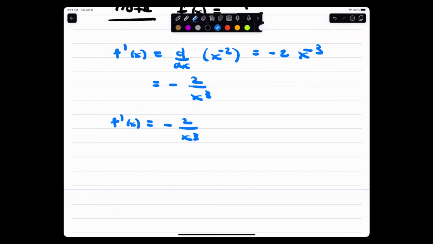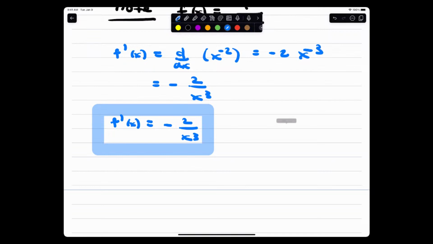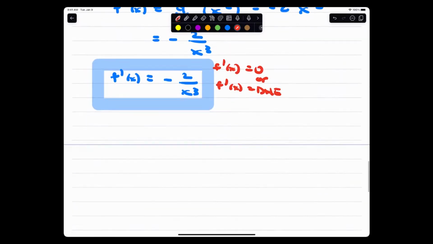And then you might turn around and say to me, to find critical values, I set my numerator equal to 0. Remember, the derivative has to be 0 or does not exist, by definition. And so, for the first part, well, the first part really implies that negative 2 is 0.